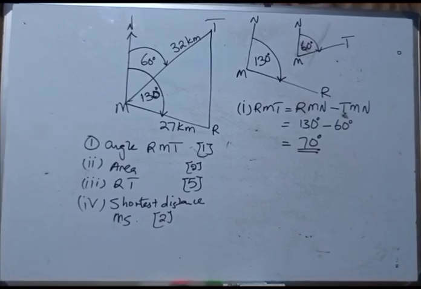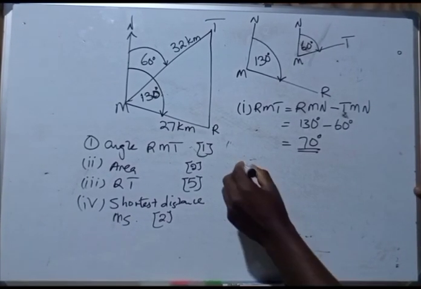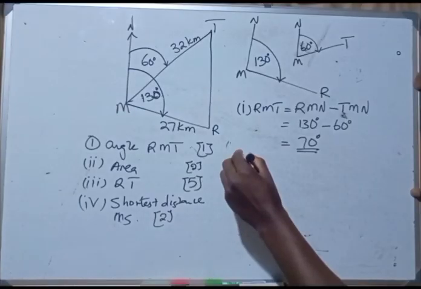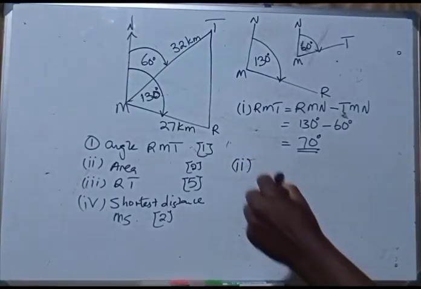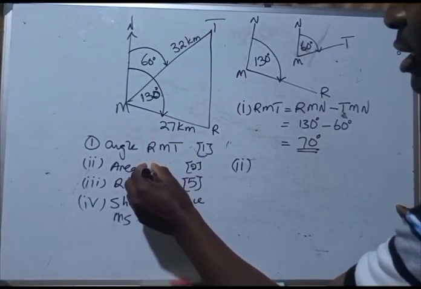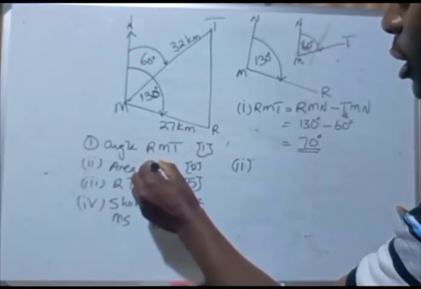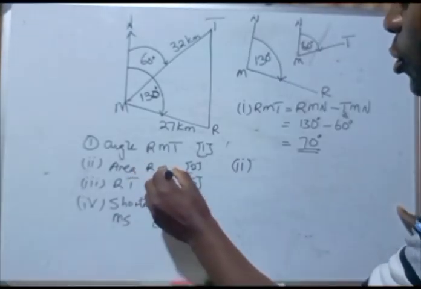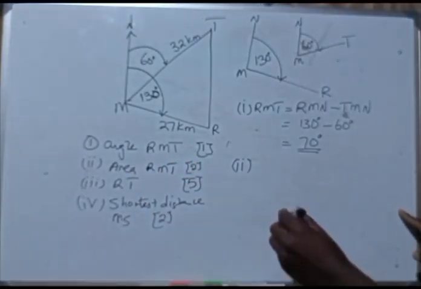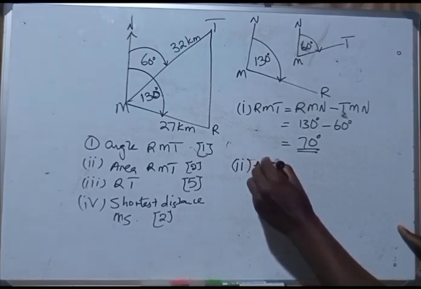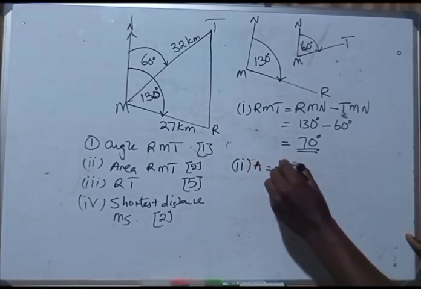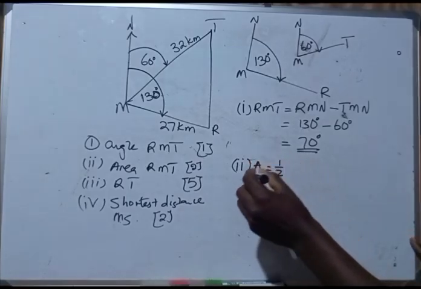The next question is saying we find the area of that triangle RMT. So finding the area, I'll just write the simple A equals 1 over 2.